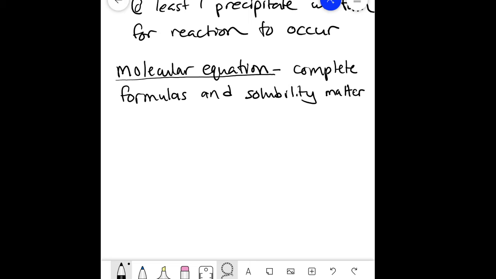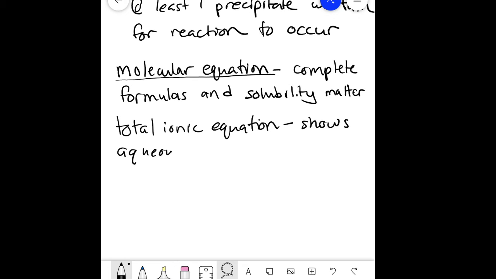Once you get your molecular equation, you get it balanced, you get all your solubility info, you're going to write the total ionic equation. And this shows the soluble aqueous parts breaking into their ions.